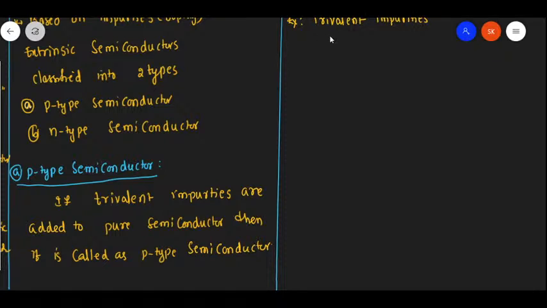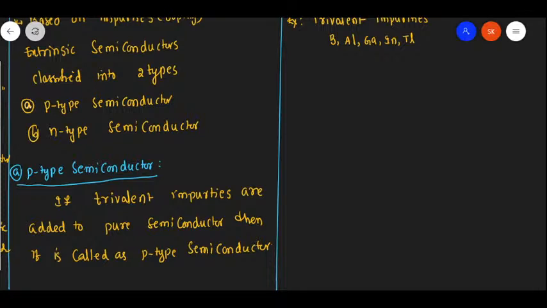Examples are boron, aluminium, gallium, indium, thallium. These are all examples of trivalent impurities. Trivalent means it should contain three valence electrons in the outermost shell, the outermost orbit.